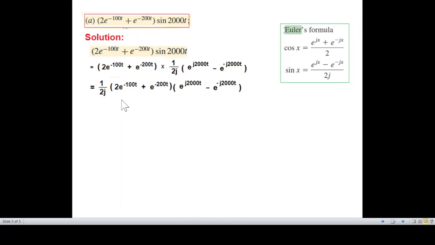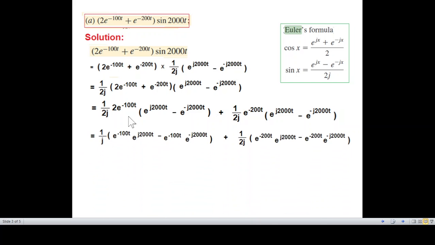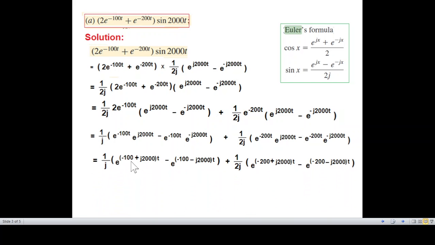We take this outside, multiply this with this, and similarly the second term, the last term, writing each term together. And then we know that the powers can be added. So adding the power, now this is the final form, and from here we can extract the value without t.